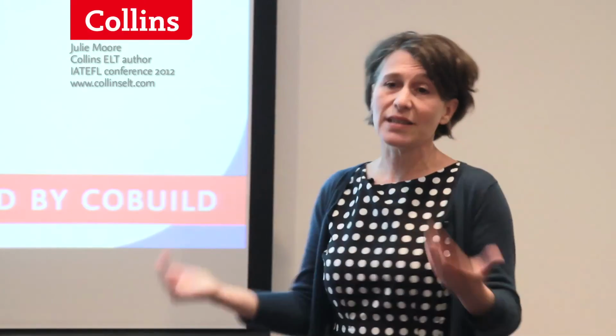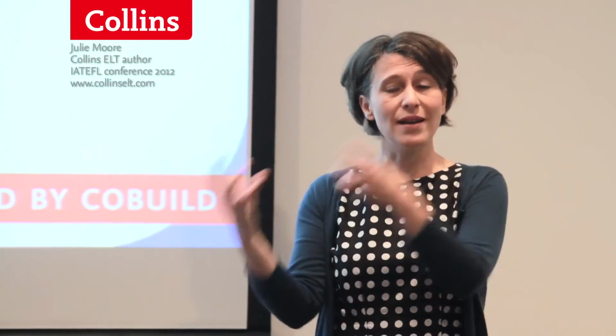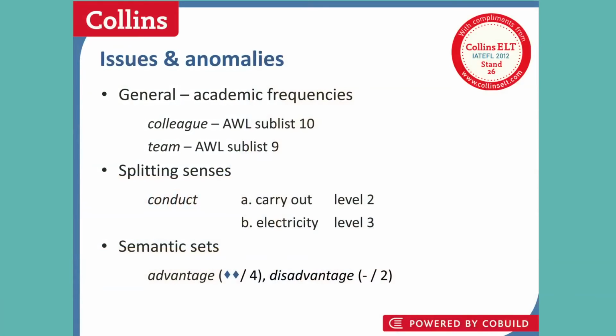That's quite a solid general usage that we've put in at level 2. But then we have the more specific usage, the scientific one, to conduct electricity, which is a more sciencey word, that we moved to level 3. So rather than trying to teach them all together, we thought about at what level the students are likely to use this sense of the word.